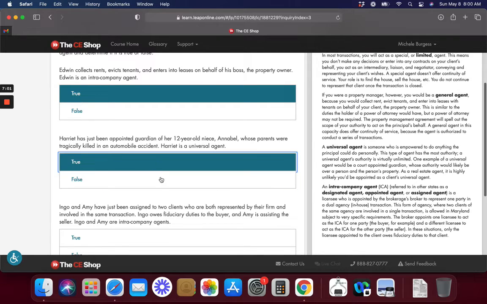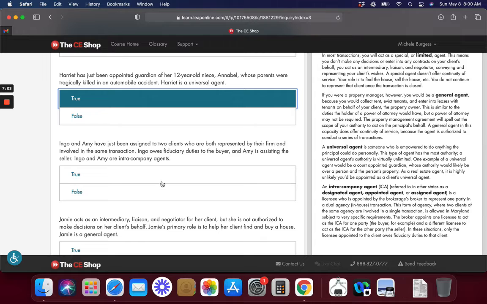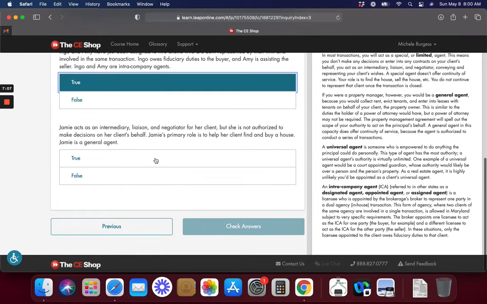Yeah, universal. Okay. Owes fiduciary duty or acts as a liaison. Acts as a liaison. Where does it say that in here? Acts as a liaison. Okay, I guess it's true.